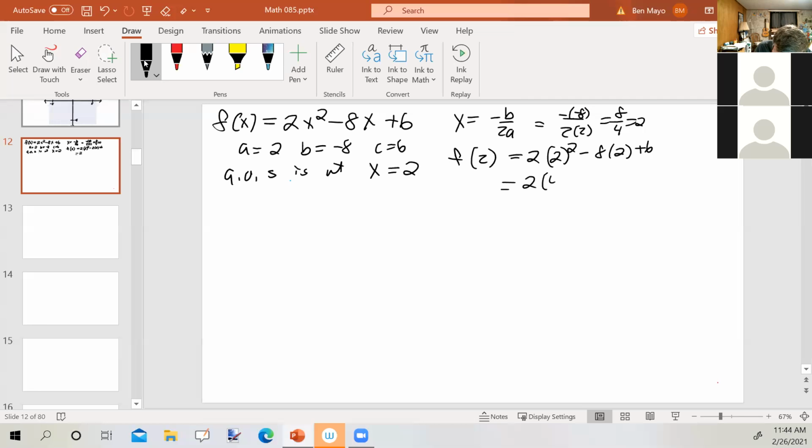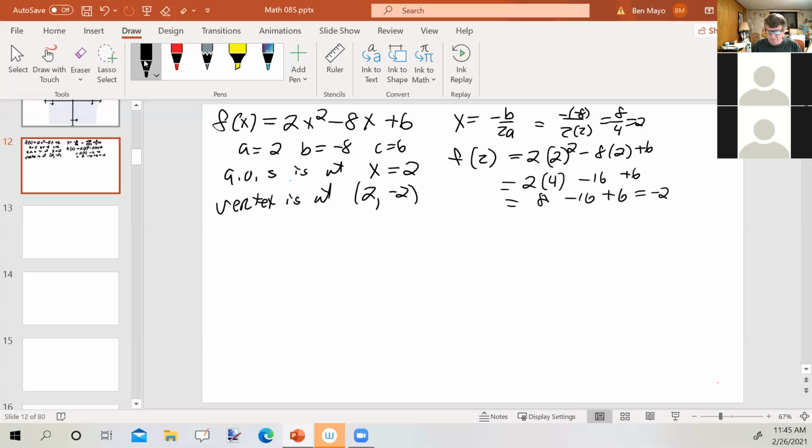So I've got 2 times 4 minus 16 plus 6, 8 minus 16 plus 6, which would be negative 2. So the vertex is at (2, -2). All right. Any questions about that?